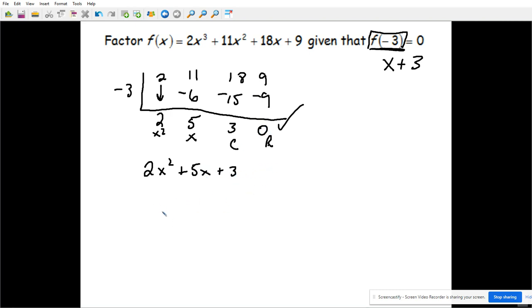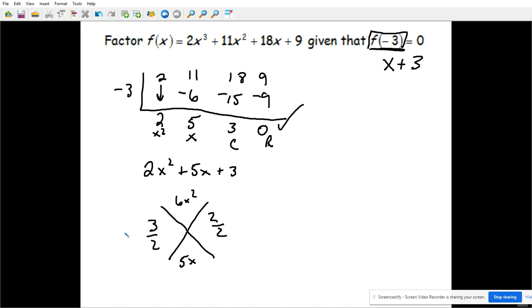Now we need to remember how to factor this to answer the question. Remember, I do a times c up here, which is 2 times 3, which is 6x squared. Bx goes down there. And then what two numbers multiply to 6 and add to 5? Well, that would be 3 and 2, right? And then I'm going to divide by the a.